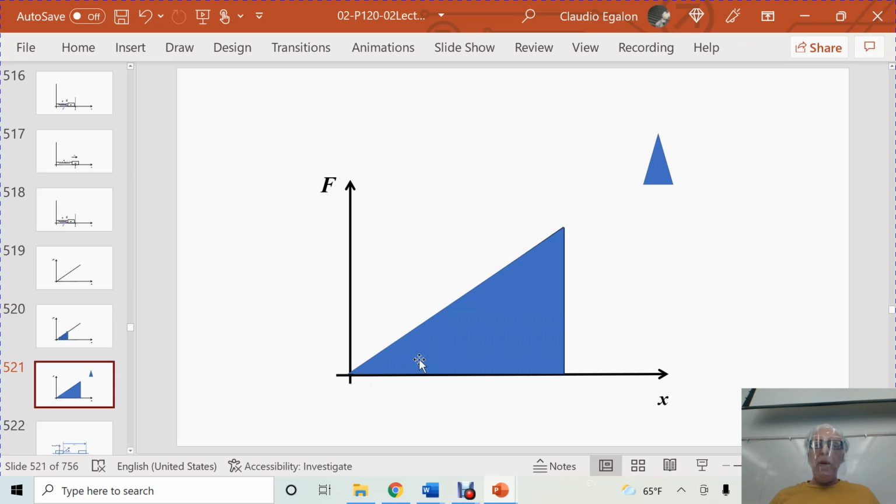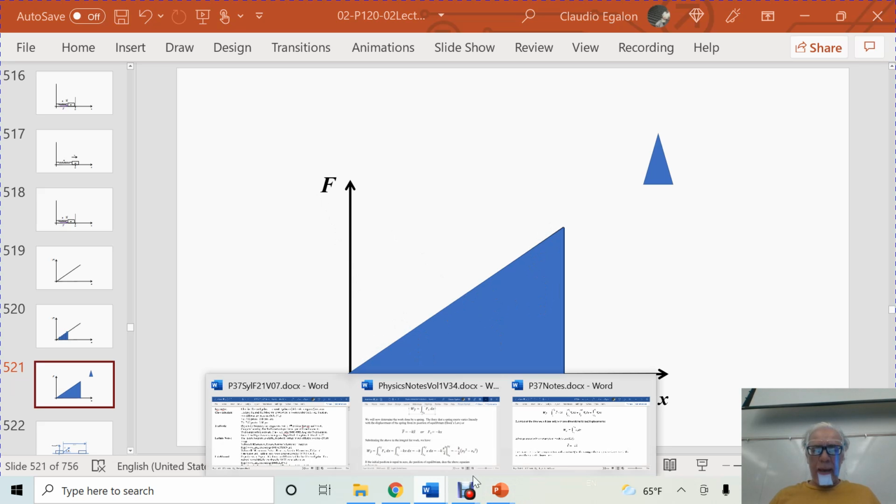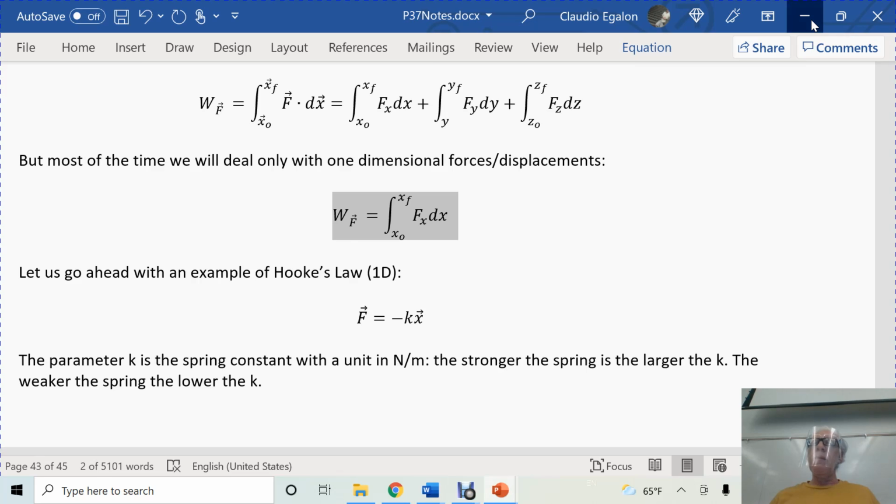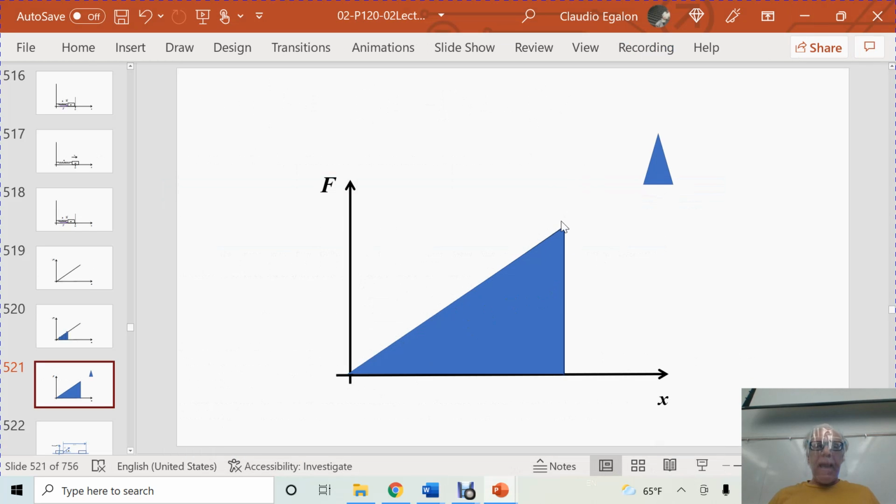The area below this curve is going to be the work done by this force. Make sense? We can go back to the equation in the notes. That's the work done by the force F, the integral from x naught to x f of F sub x dx. Right? So if this is the force, the work done by this force is the area under the curve. Okay?